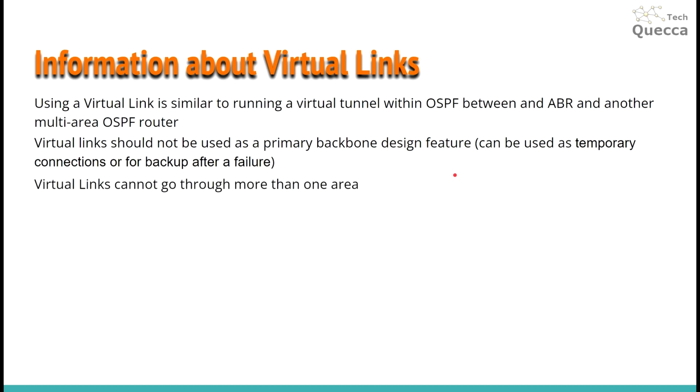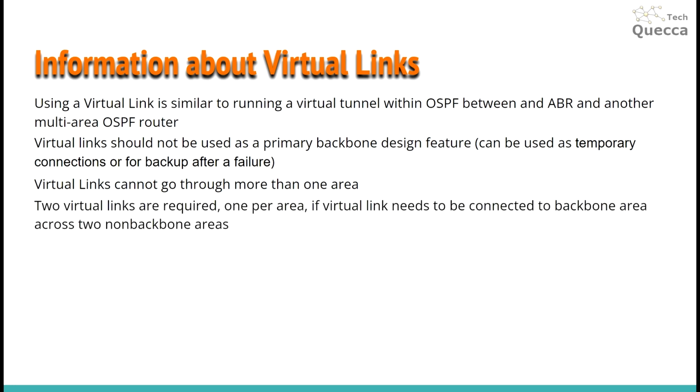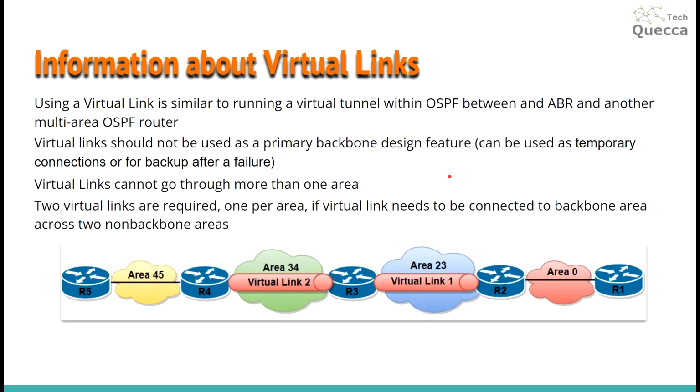Next, virtual links cannot go through more than one area. If you need to connect an area through two areas, you need to create two virtual links. For these two facts, for example, we have a configuration like this.